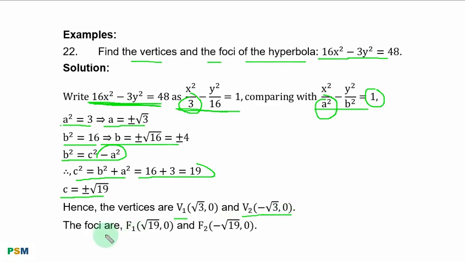The foci are f1, that is c, 0. You have root 19, 0, and the second one is minus c, 0. That is minus root 19, comma 0.